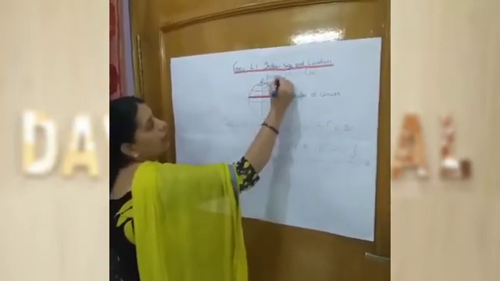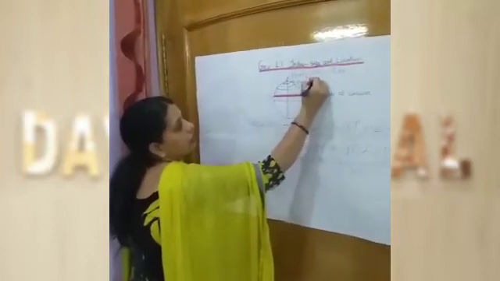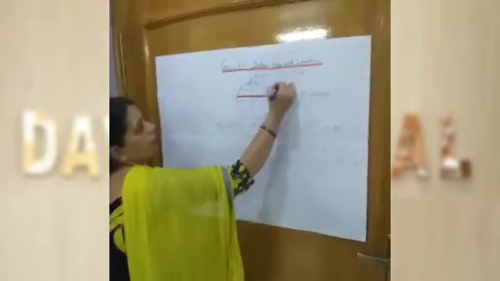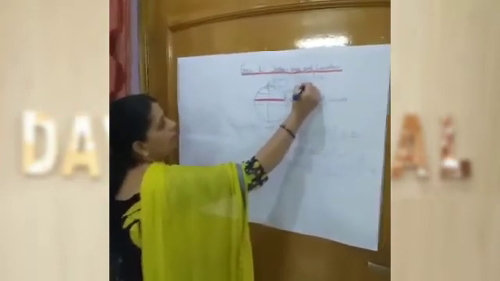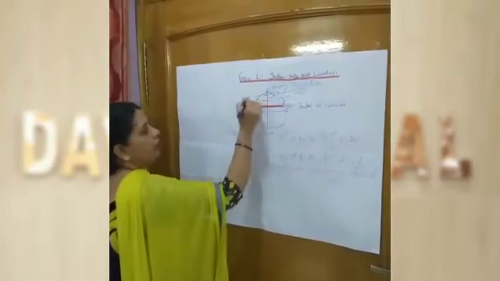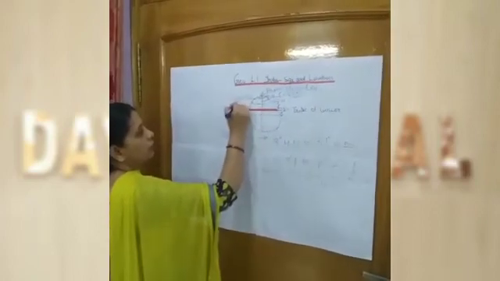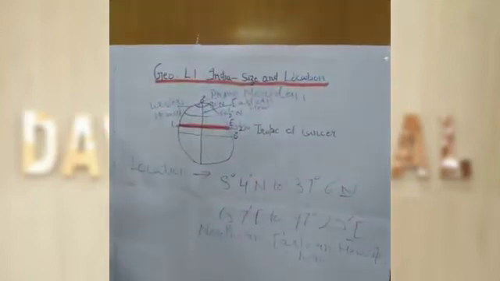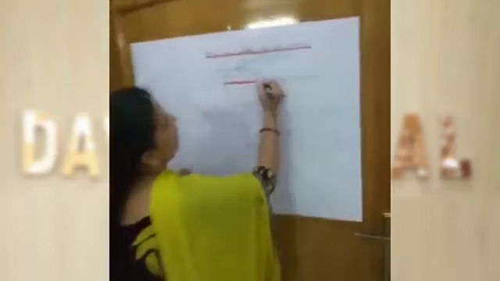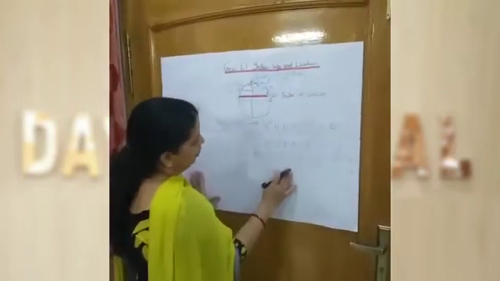The right side part is known as eastern hemisphere and this part is known as western hemisphere. So whole India lies in northeastern hemisphere.